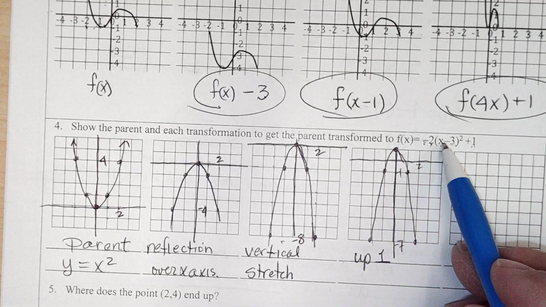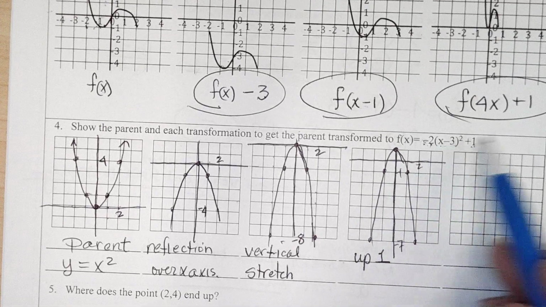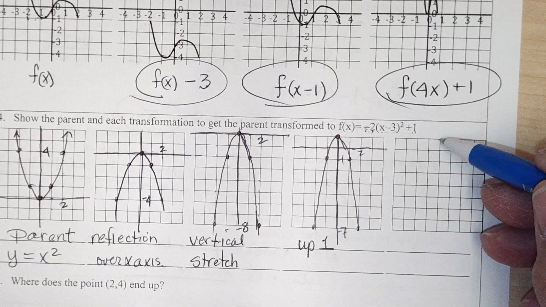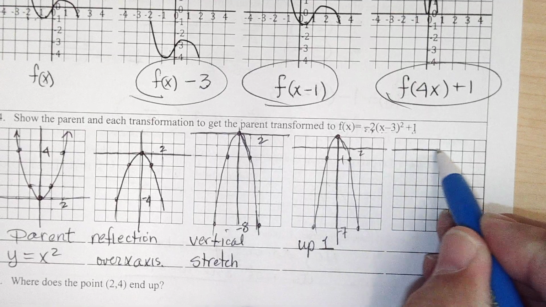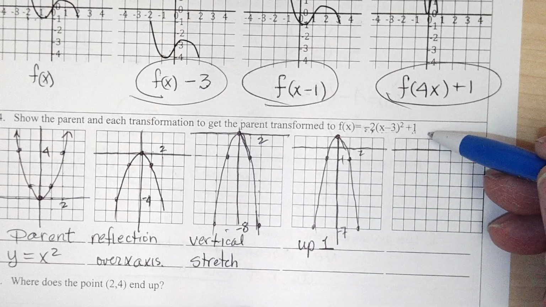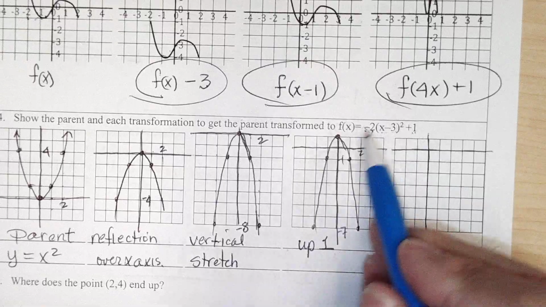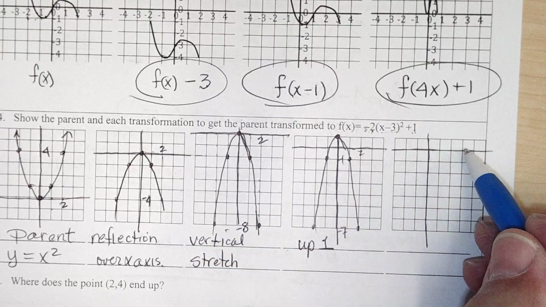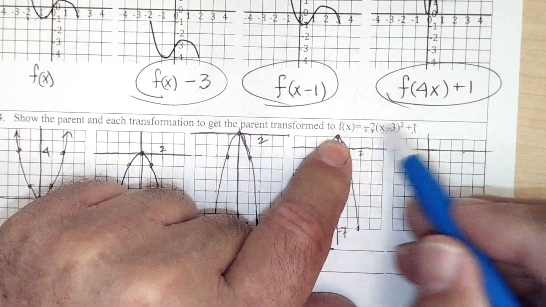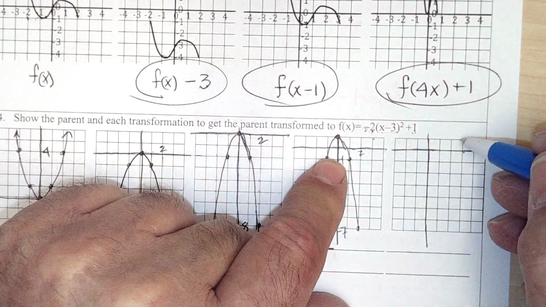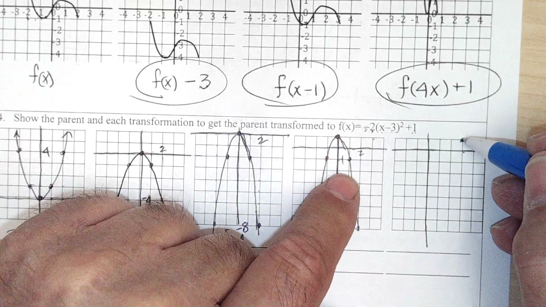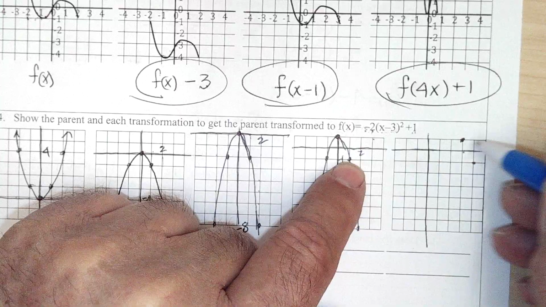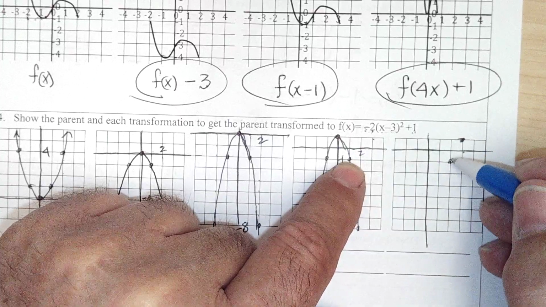And finally, we've got a number on the inside. It's subtract 3, and everything on the inside works opposite, including the order of operations. And subtracting 3, we think would go left, but it goes right 3. So this point that's up 1 will go over 3, up 1. The next one over is down 1. The next one over in the other direction is down 1.